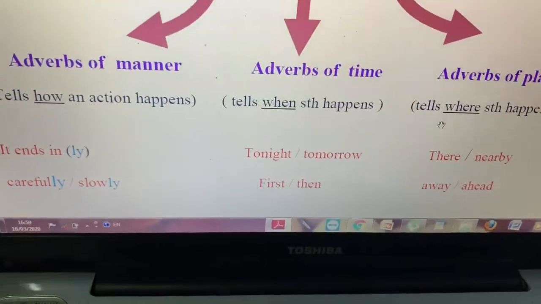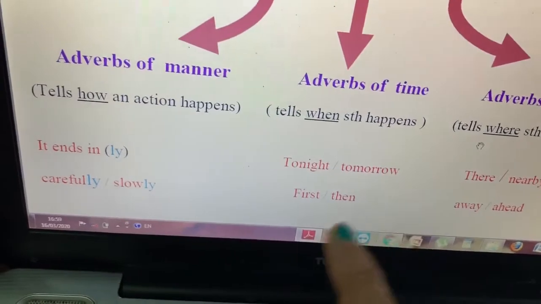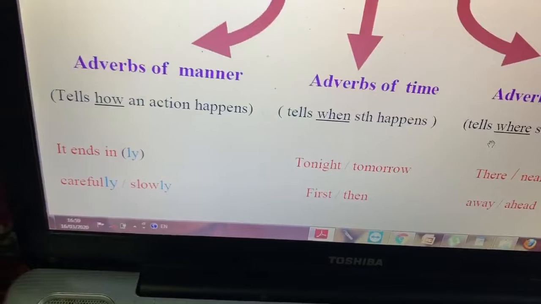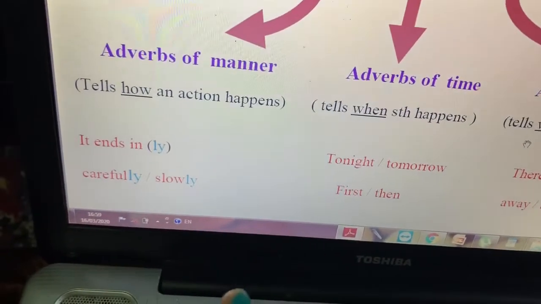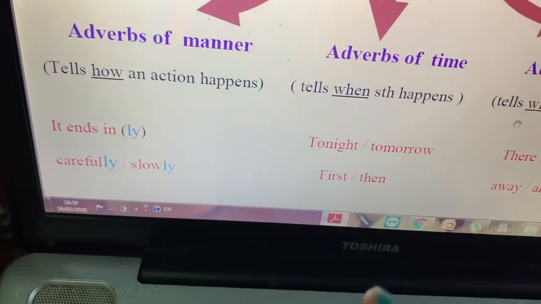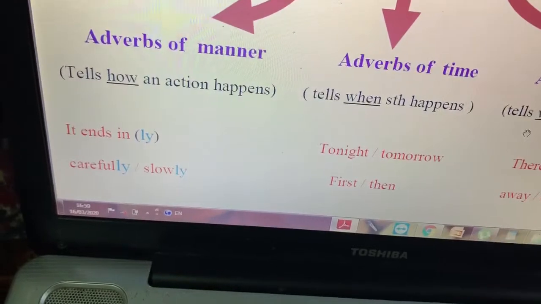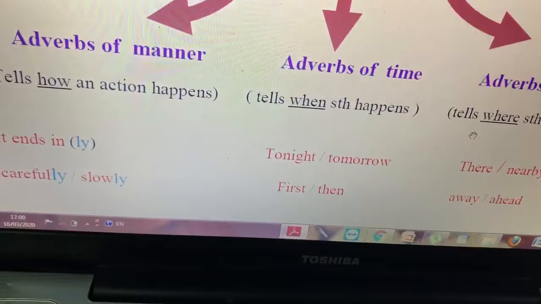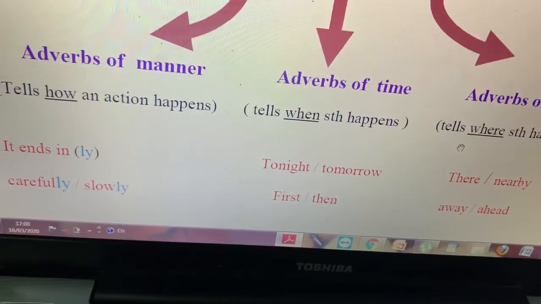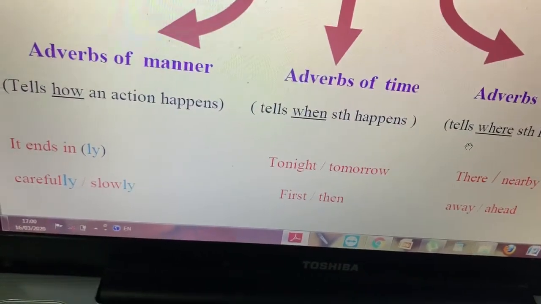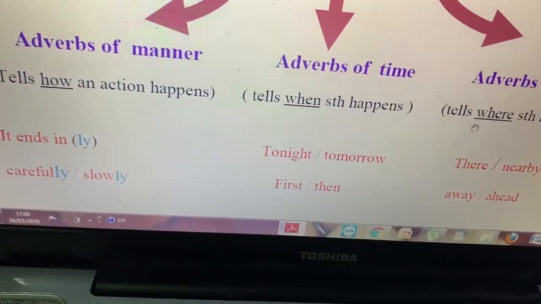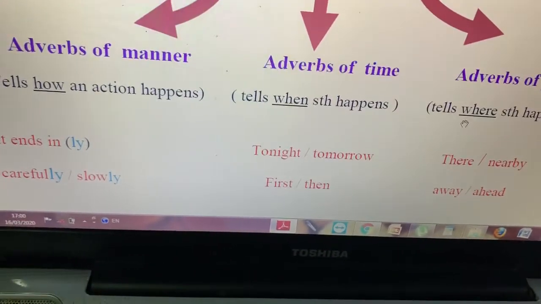Tonight, tomorrow, first, then. All these words are adverbs that describe time. How about carefully, slowly, safely? All these words are adverbs of manner, or what we call how. Okay.